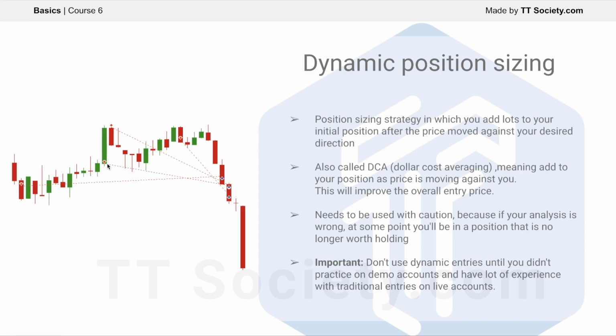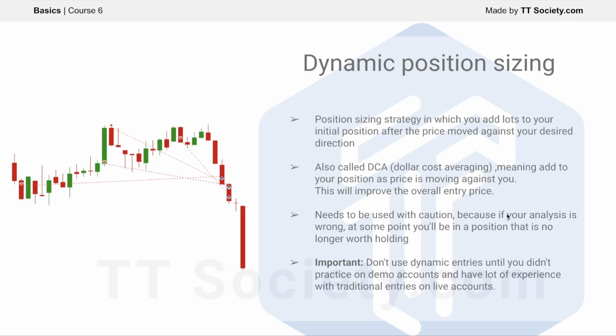So the price is moving against us. We're entering again, and we're entering again as the price is moving against us. This will average out our total entry value, and we can start to take profit here as we go down.